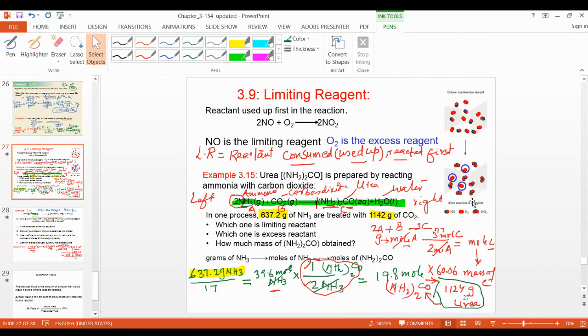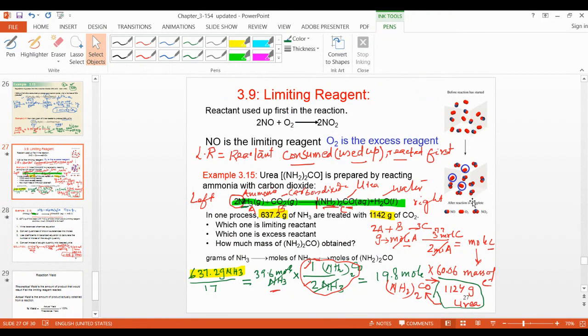How do we determine the limiting reactant? Limiting reactant depends on the product formation. It controls product formation. Just write down this note, please. What is limiting reactant? Number one, it consumes first. You know that a chemical reaction is going on. If a reactant is finished, of course the reaction is stopped.